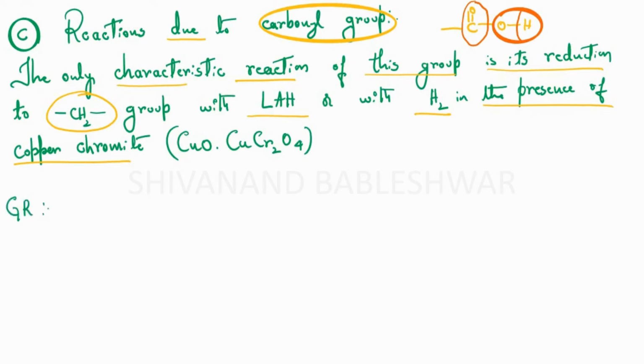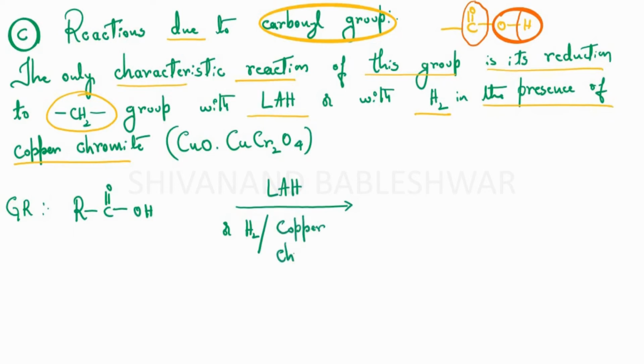I'll take the carboxylic acid RCOOH, and it is subjected to reduction by making use of lithium aluminium hydride, or by making use of hydrogen in the presence of copper chromate.